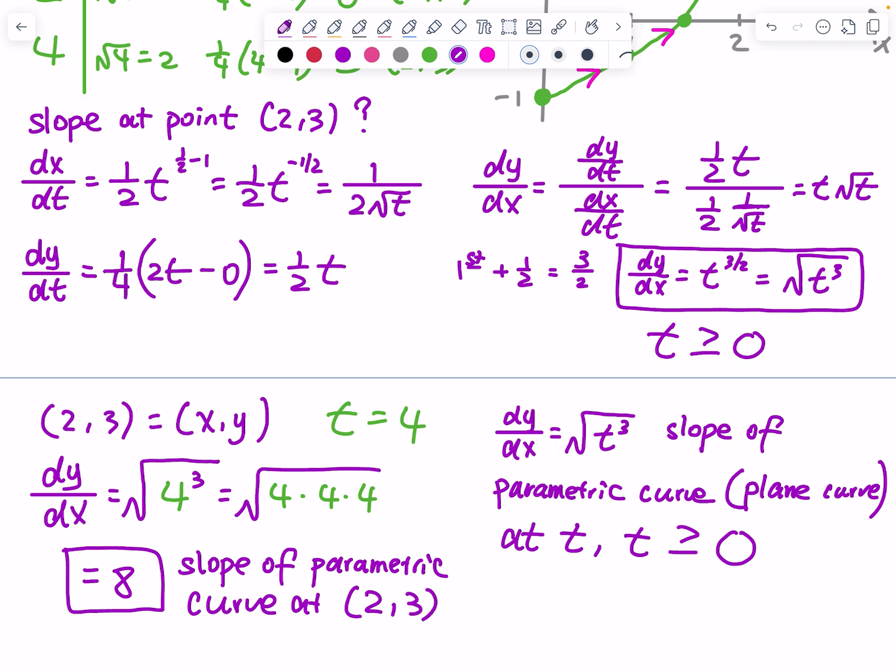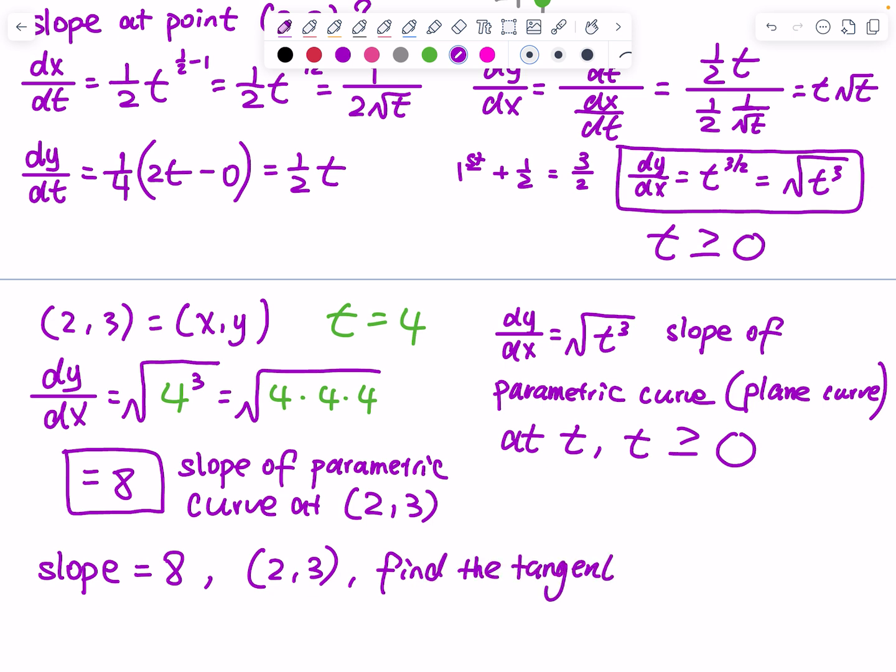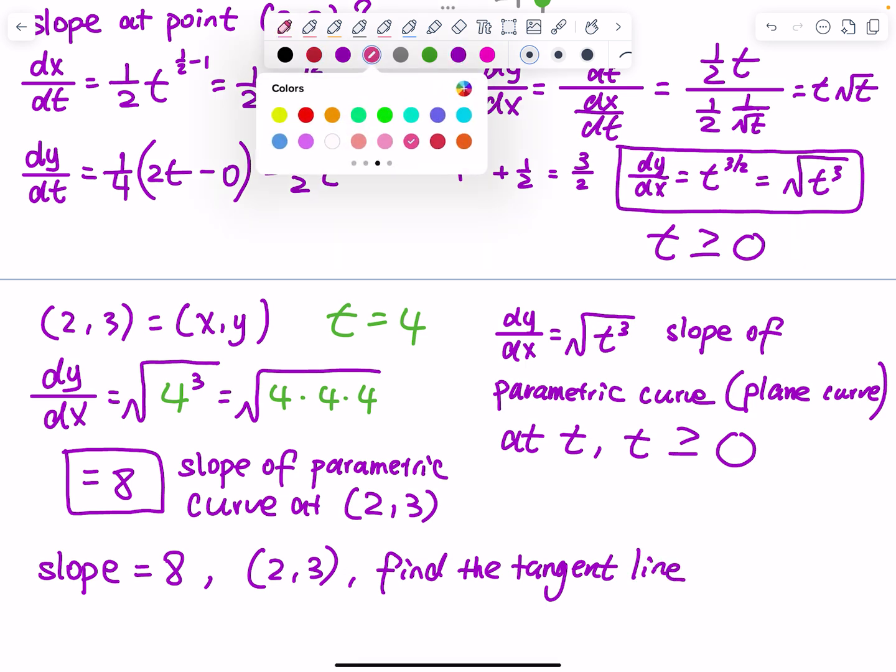And then what else can we do? In calculus, after we found the slope, we have a point, we can build a tangent line. Slope is now equal to 8 at this specific point, not every single point. And then the point is 2 comma 3. We can find the tangent line. Tangent line is a straight line.